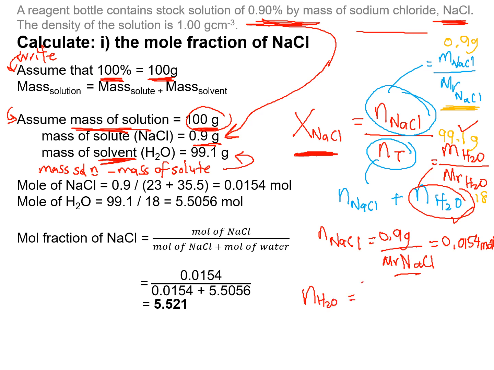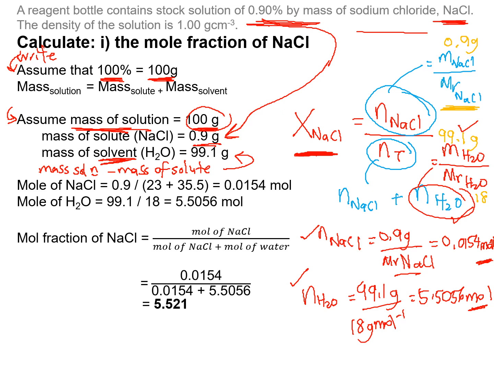Mass of H2O 99.1 gram divided by 18 gram per mole, and you will get 5.5056 mol. Okay, don't forget the unit. This one you have to show, even though it is not in here, but you have to do the working one by one.